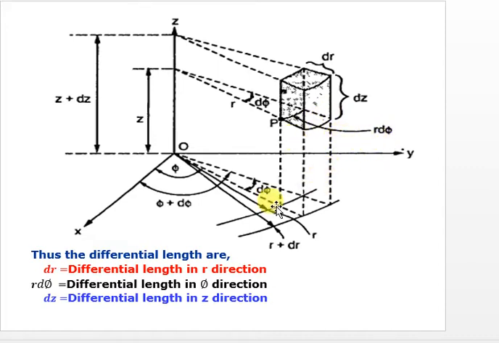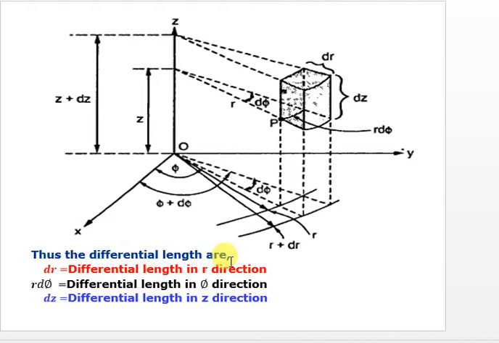Thus the differential elements are in three directions: the rho direction, phi direction and z direction. Then we can write the expression for the differential length in the rho direction as d rho.